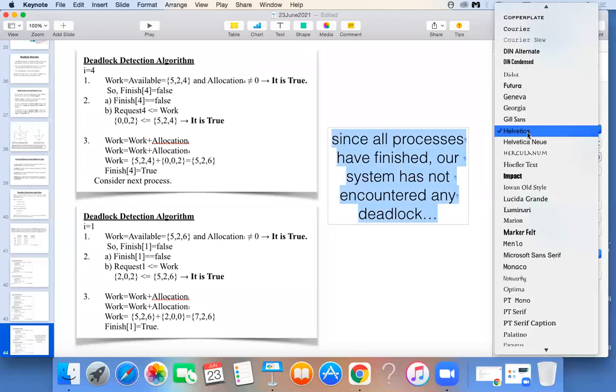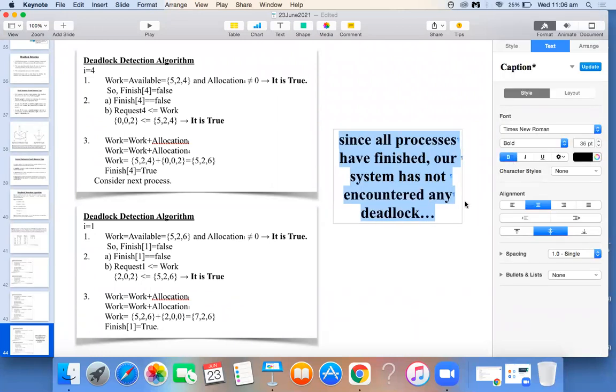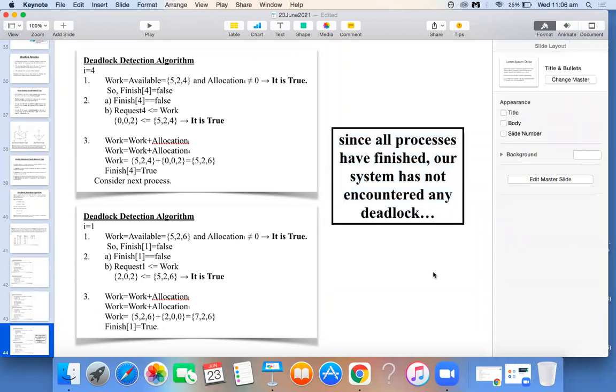Okay, so am I clear with this concept? Understood or not? So this is the answer you have to write. So since all processes have finished, our system has not encountered any deadlock, you have to write.